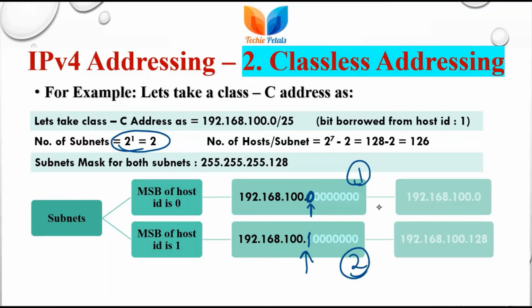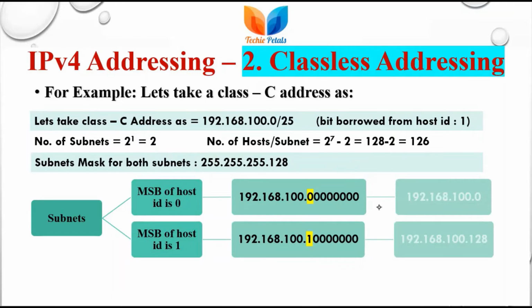So here, if it is 0 or if it is 1, then the network IDs using this as 0 and this as 1 would be 0 for the first subnet and 128.